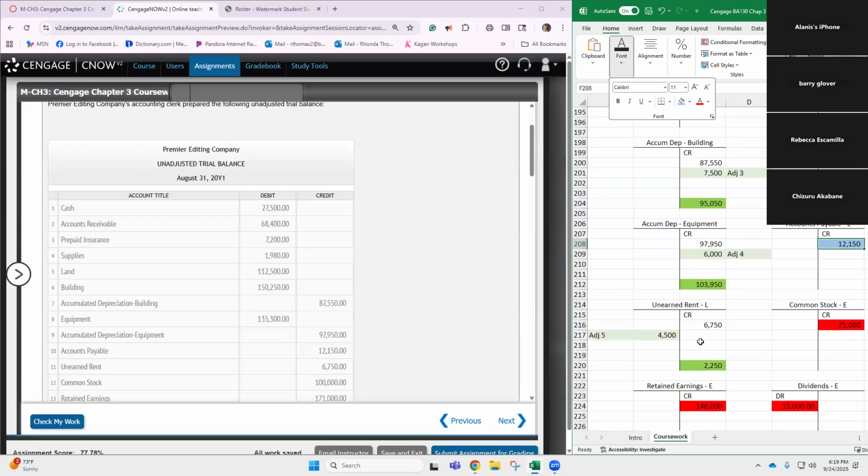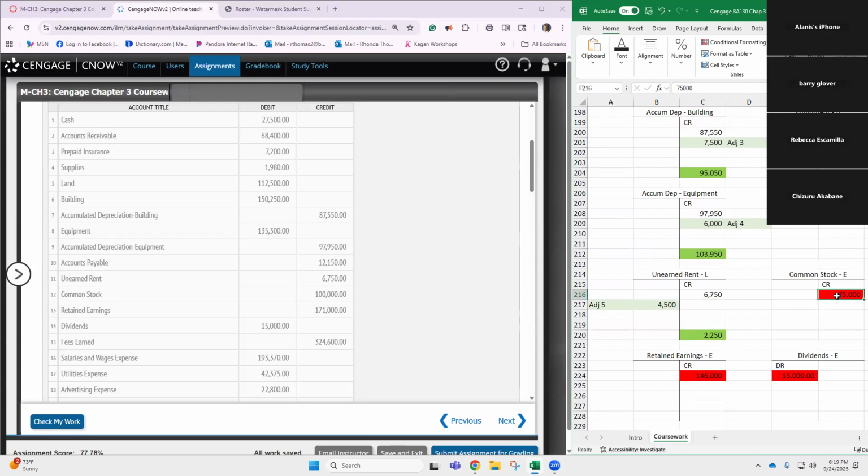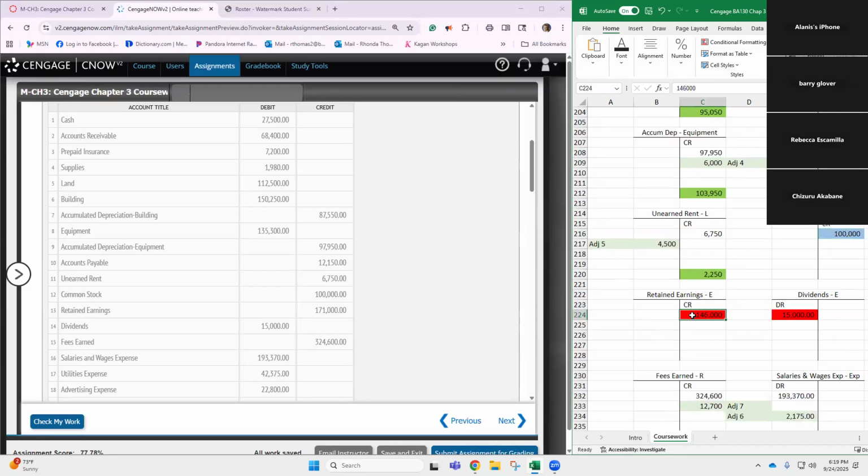All right. Our unearned rent is $67.50. So that's a good balance. Our common stock has 100,000. Like I said, the last time I did this, they had different numbers in, and I'm just changing what I have in my spreadsheet. Retained earnings has 171,000. Make sure it's the credit side.